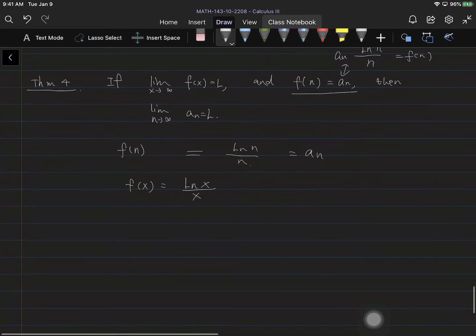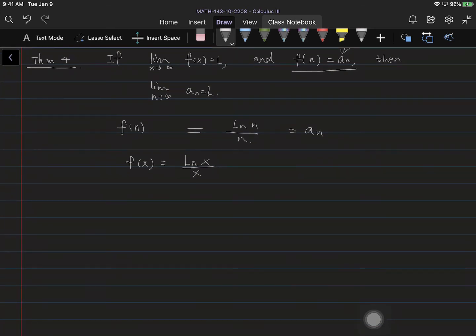So basically, we just change n in the sequence into x, because L'Hopital's rule works only for functions, not for sequences. But by using this theorem, we can change the sequence into a function and then find the limit of the function, and that limit is just the limit of the sequence. That's the meaning.